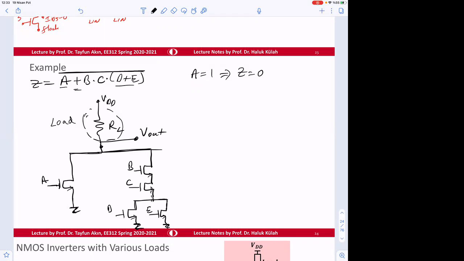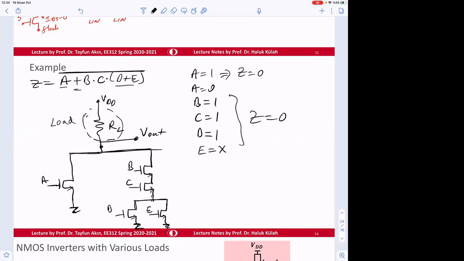If you look at the case here, let's say A is equal to 0, B is equal to 1, C is equal to 1. If D is equal to 1 also, then Z is equal to 0. If one of them is 1, that is enough.